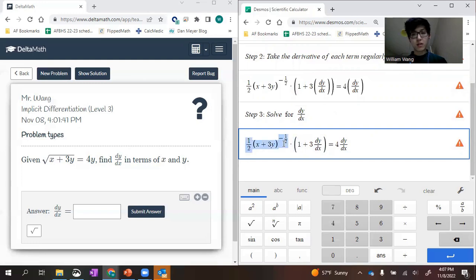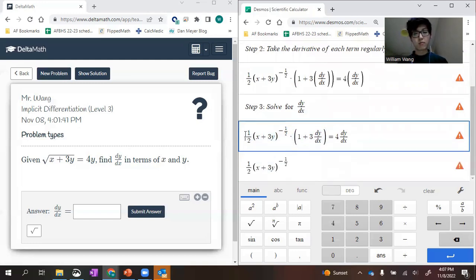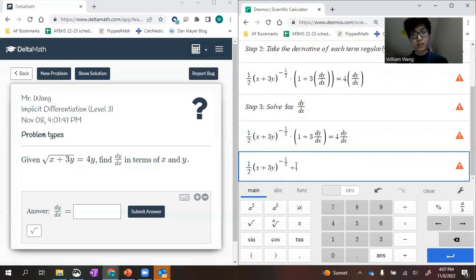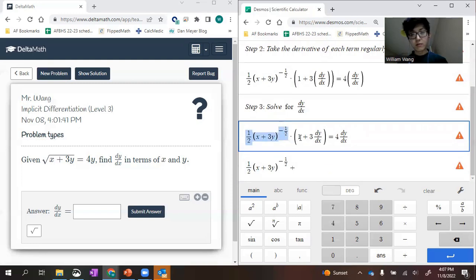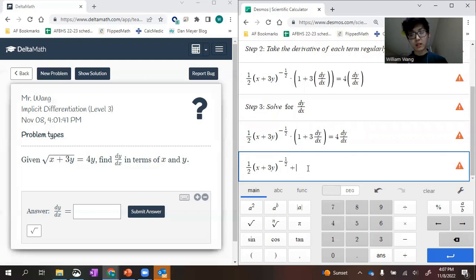So I'm going to multiply 1/2 (x plus 3y) to the negative 1/2. I'm going to multiply this by 1. So I'm just distributing this. This times 1 is the same exact thing, so I don't change anything. Then this times 3 dy over dx. So it's this times 1 plus this times 3 dy over dx.